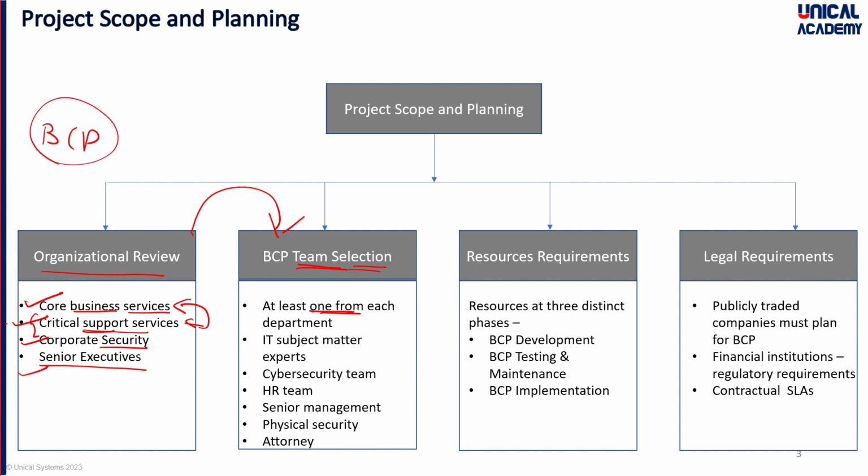Pick at least one capable, qualified, experienced individual from each stakeholder department. Also ensure the subject matter experts, maybe system administrator, database administrator, who can help in business continuity planning are included. This cannot be ignored.